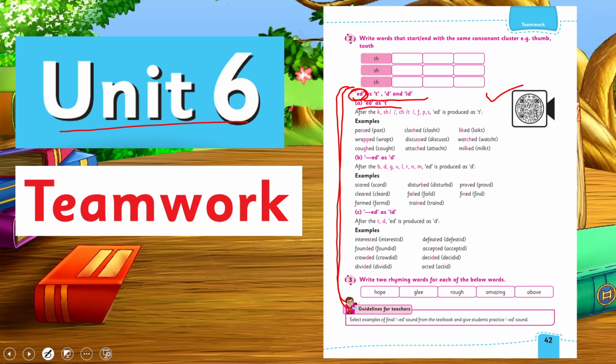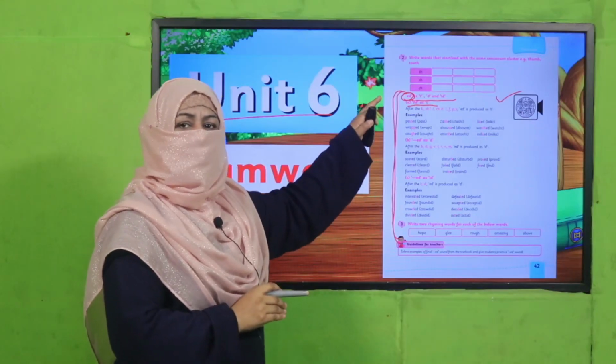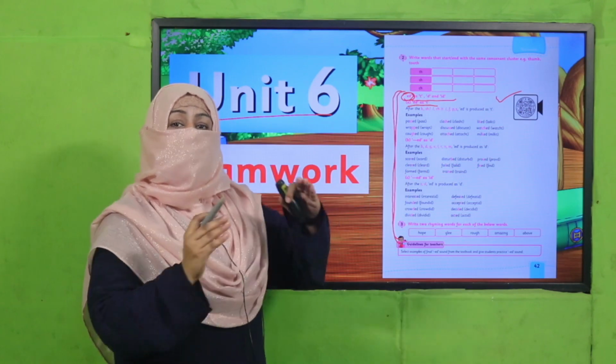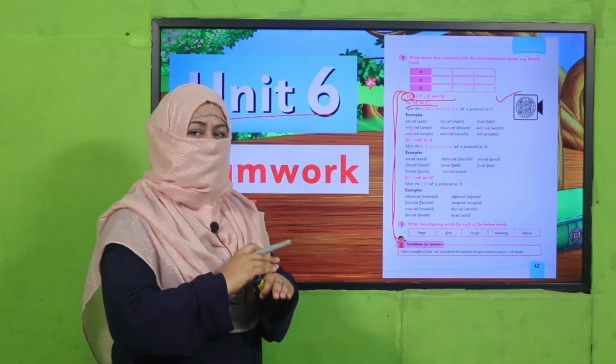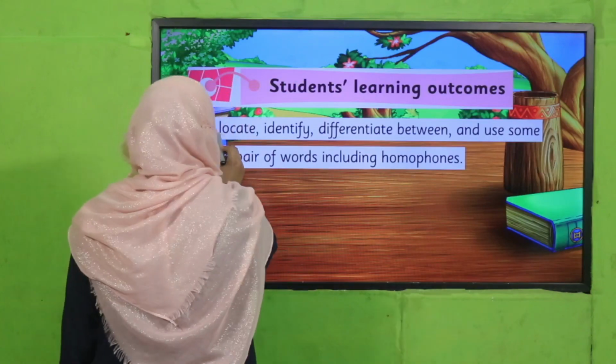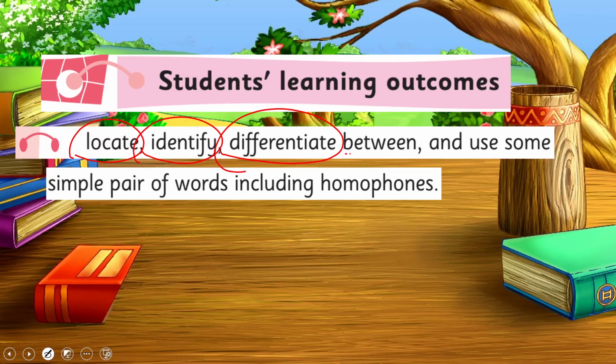And today we are going to learn that, the way same letter can have different sounds, likewise different letters can have same sounds. So our today's SLO is to locate, identify, differentiate between and use some simple pair of words including homophones. This is our today's SLO.